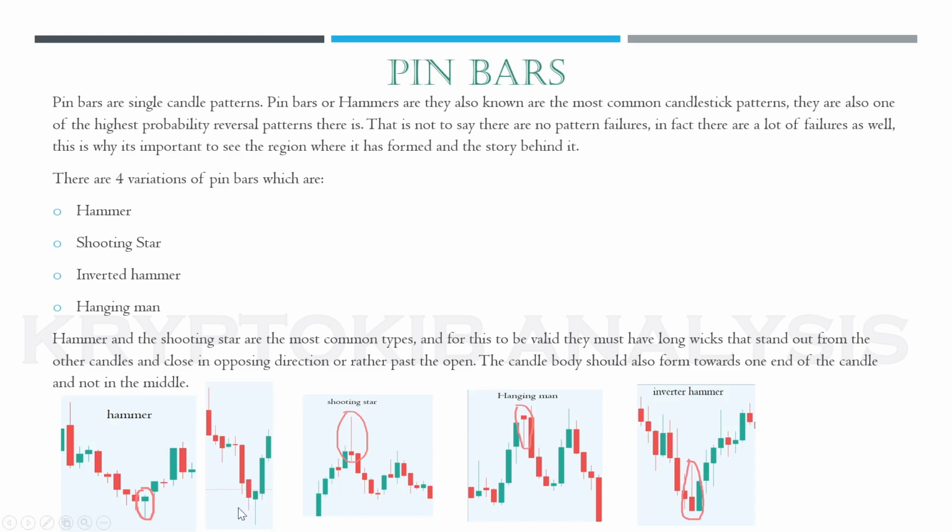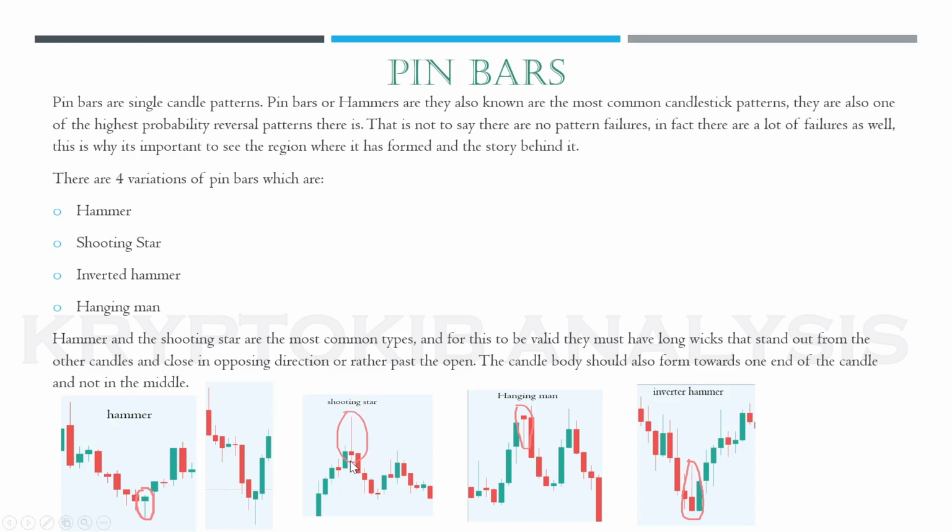And here again we have the hammer. As you can see, here seems to have no wick to the top at all, but just a long tail. And the long tail is exceptional compared to every one that has previously formed. If you look at the tail here, it is exceptional. And here we have the shooting star.